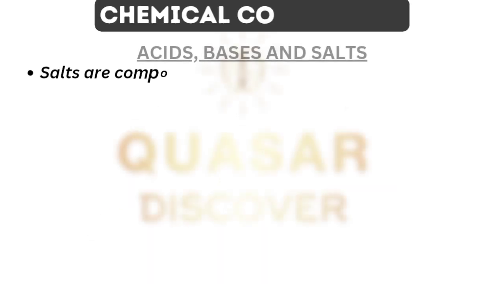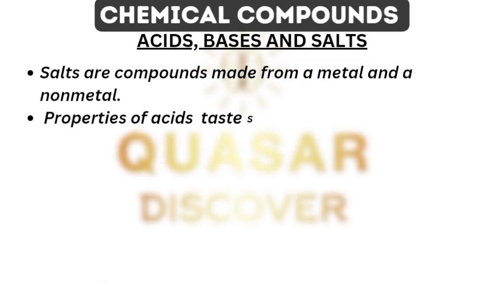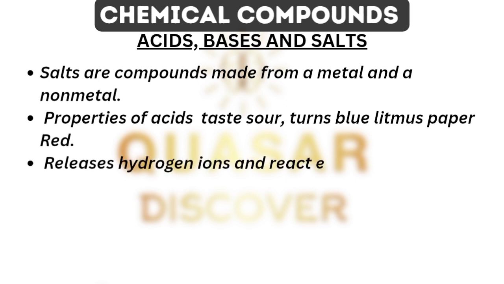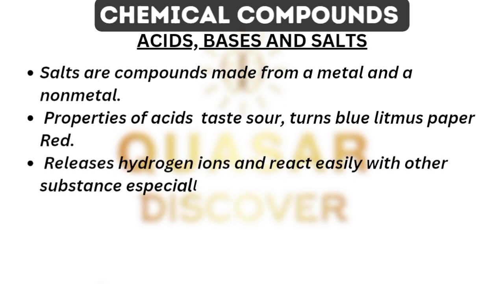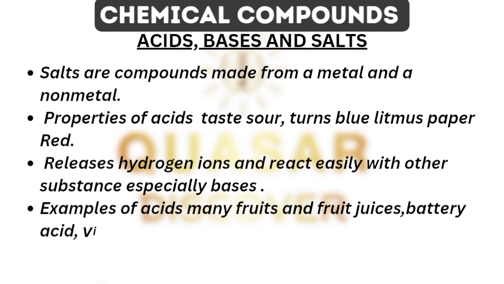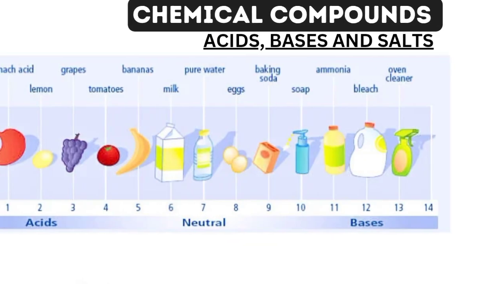Salts. Salts are compounds made from a metal and a non-metal. Properties of acids. Taste sour. Turn blue litmus paper red. Release hydrogen ions. React easily with other substances, especially bases.